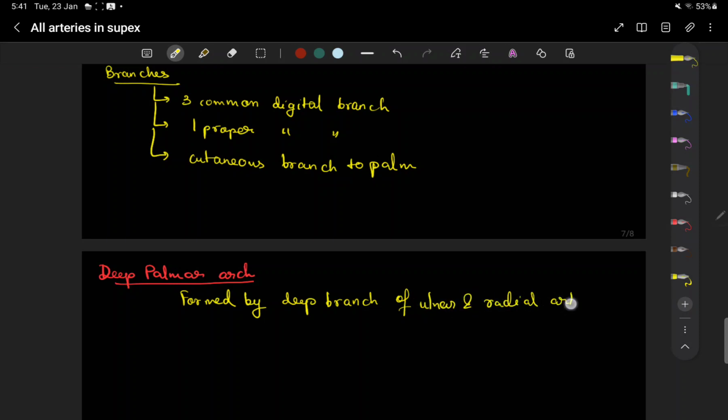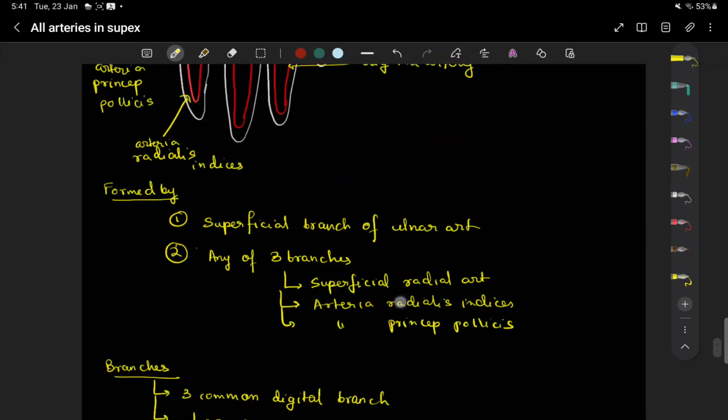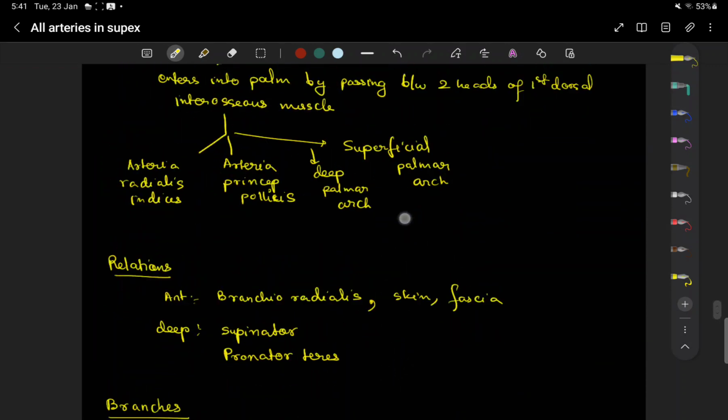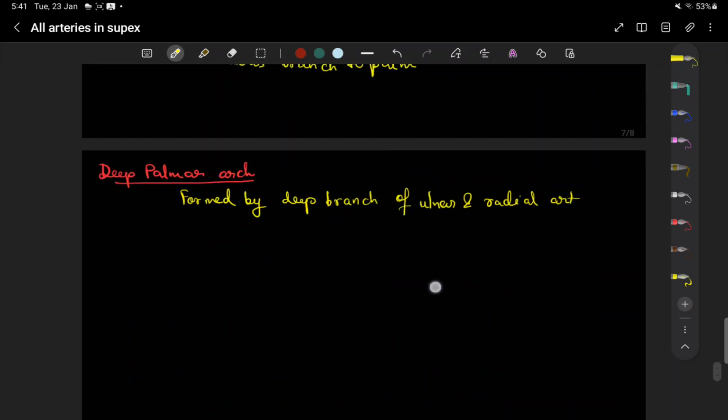And here, if a question comes to write about the deep palmar arch, you can also write a bit about the course of the radial artery, how it comes into the anatomical snuffbox, passes in between the 2 heads of the first dorsal interosseous muscle, and then enters into the palm, and gives arteria radialis indicis and arteria principalis. After that it joins with the deep branch of the ulnar artery to form the deep palmar arch. So this is formed by the deep branch of the ulnar and radial artery.